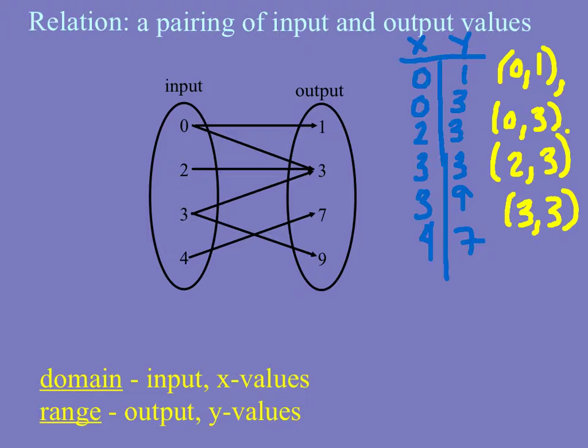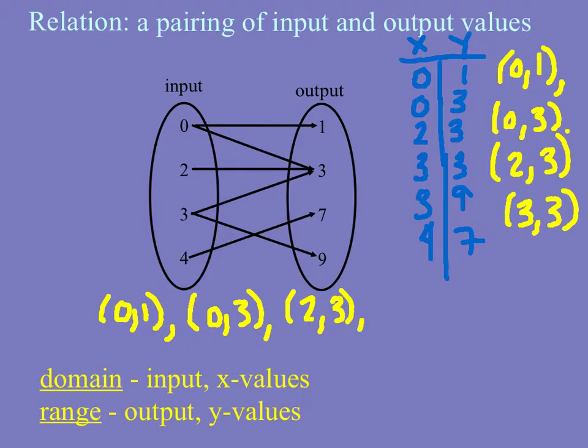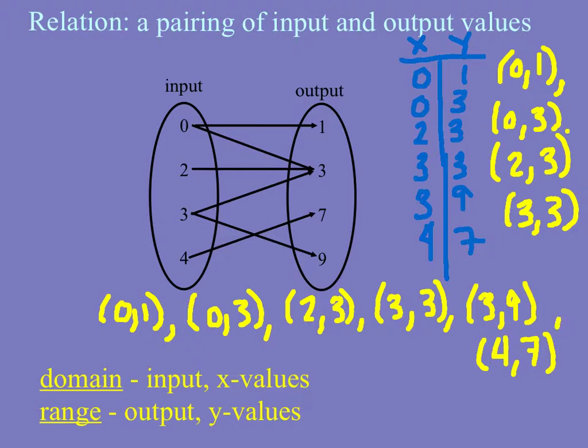So it looks a lot like the table, and typically we actually write them horizontally, so it would be 0, comma 1, comma, and then the next one 0, comma 3, comma, and 2, comma 3, comma, 3, comma 3. And let's finish this off. We have 3, comma 9, and 4, comma 7. All right. And we even enclose them with squiggly brackets, and there's our set, and so we call that our relation. So again, a relation is just when you're putting x and y's together.